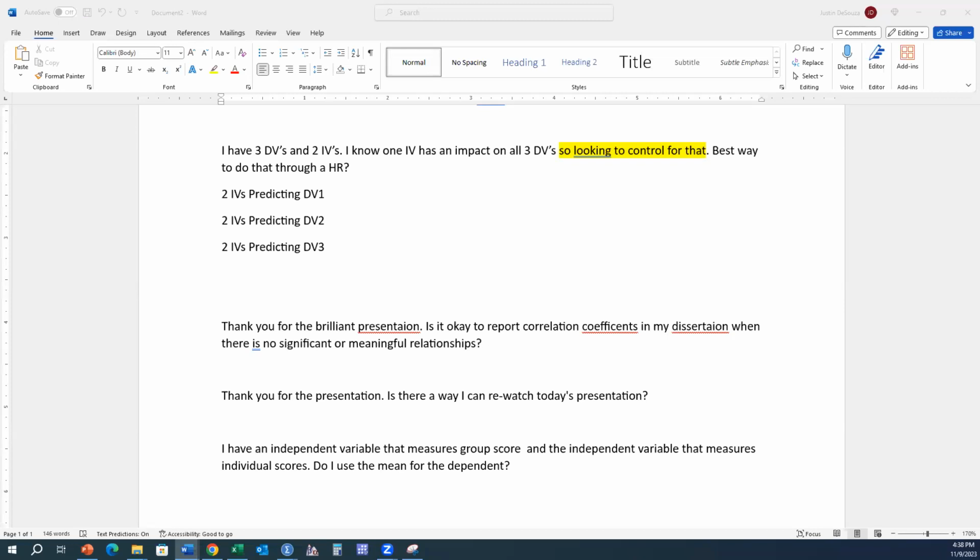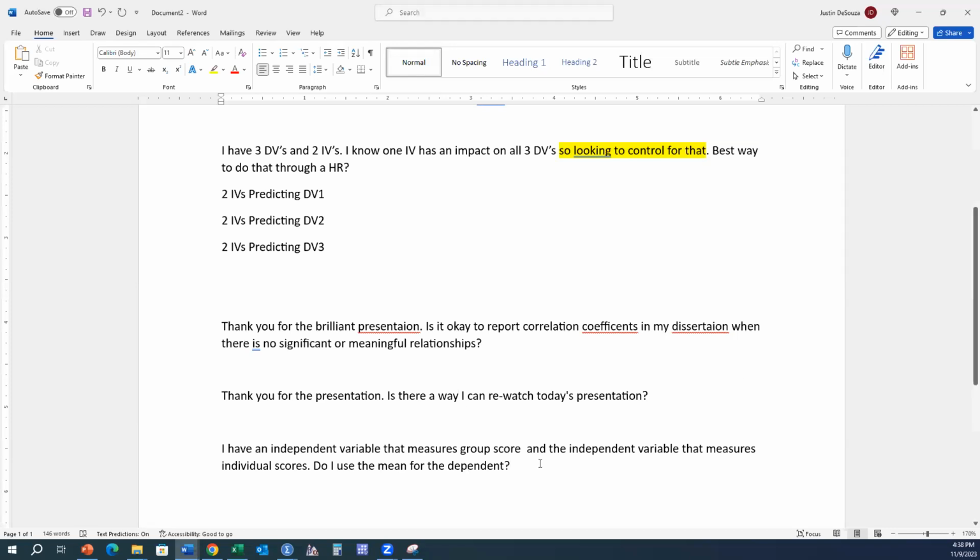I don't know what group score means. Does that refer to the collective sample score altogether, or does that mean a composite score? I don't know what the terminology means. I think I'll need more details.